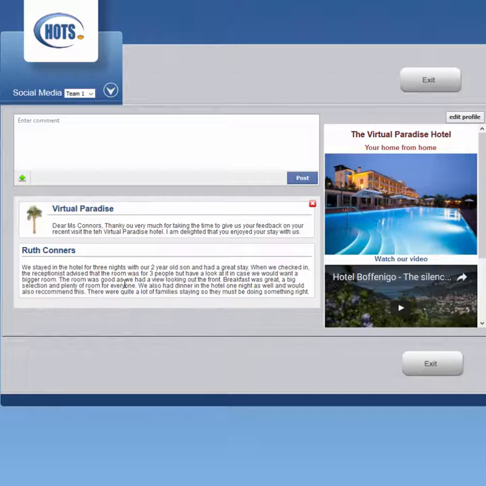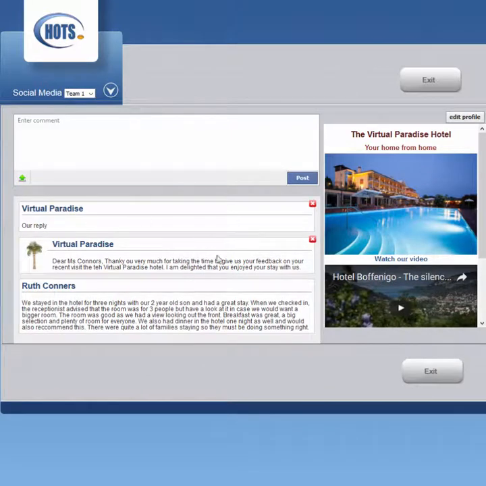We've only run one decision set in this exercise for demonstration purposes. So this team has only got one comment from a guest called Ruth Connors, and this team has replied to that. So a team can enter a reply here. So I can put in our reply, and then the team can post that reply, and it will appear above the guest's post.